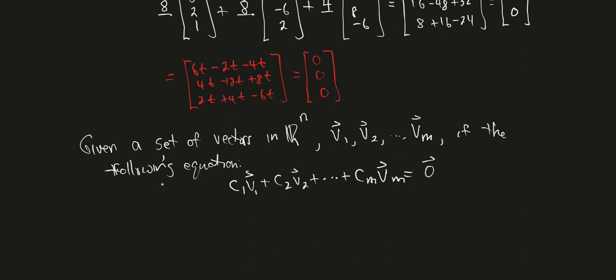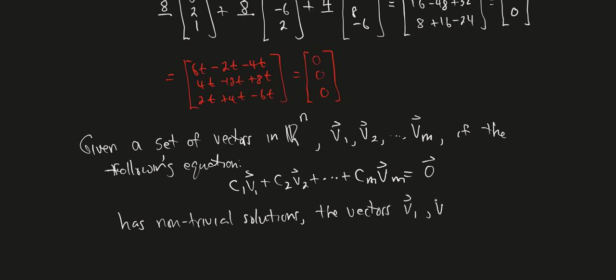So if this equation has non-trivial solutions, the vectors v1, v2, vm are said to be linearly dependent.